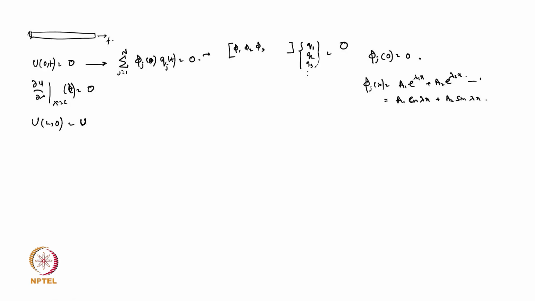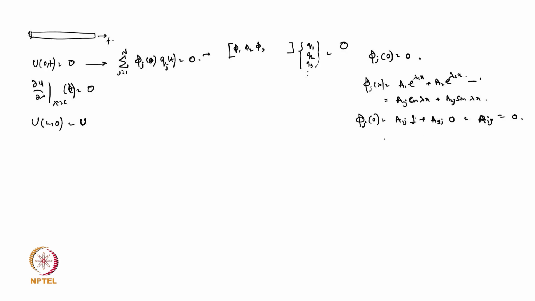The last one will be easier, because in that case phi j of 0 will be nothing but a1j cos 0, which is 1, plus the sine term, and that is equal to 0.